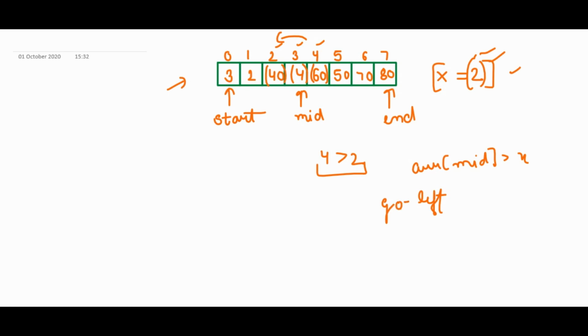For going left, we have to point our end to mid minus 2. That means now our end will point to mid minus 2 and we have to find our new mid. That will be (0 plus 1) by 2, which is equal to 0. So our new mid will be the 0th element.